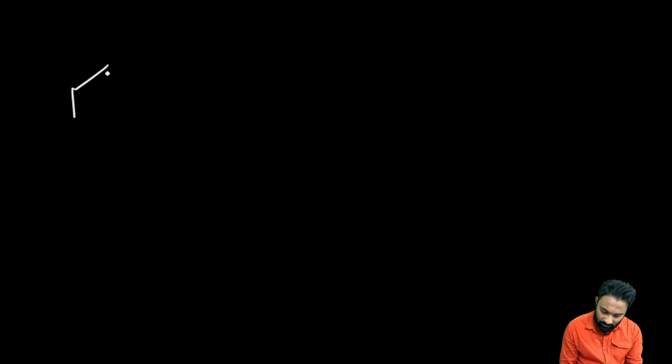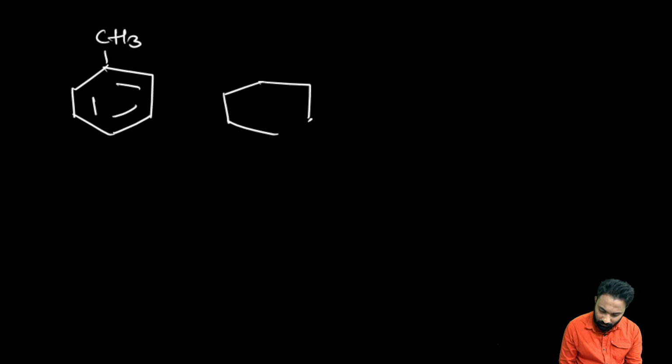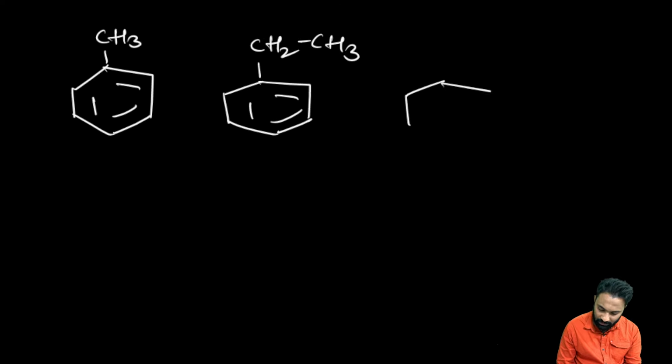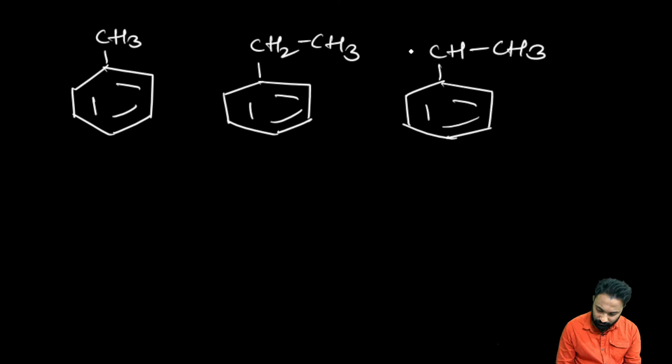Done? Next, here it is very important. Clear? Suppose they have given toluene with CH3, or ethyl benzene, or isopropyl benzene. Done.